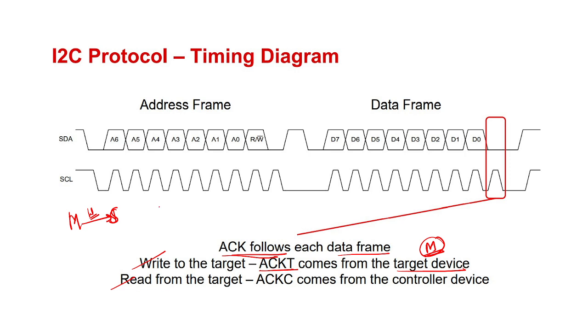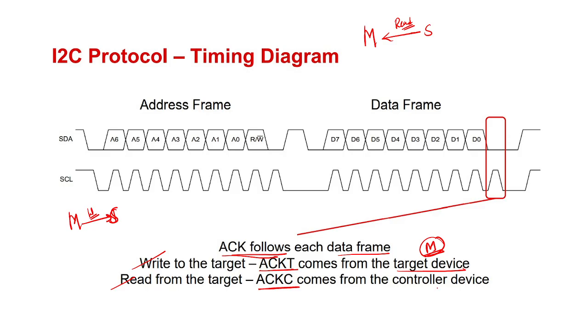And there is one more, the read signal, meaning the read operation. I told you, the master can do the write operation, or the master can do the read operation from the slave. When it does the read operation, that is read from the target, one more ACKC is there.